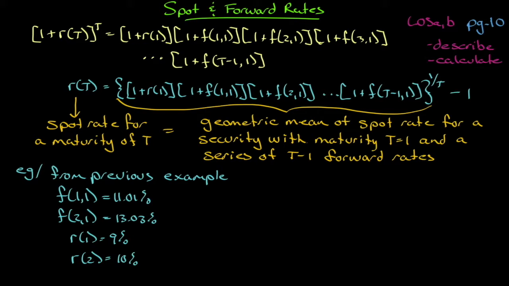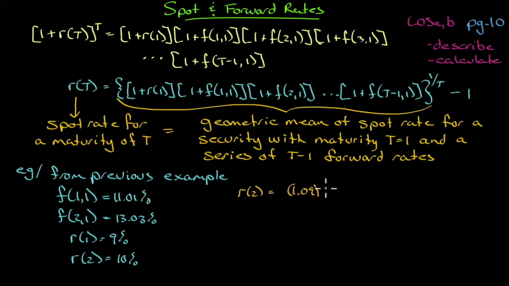So as we've done throughout, things look better with an example. We have R1 and R2. We have two spot rates here and we have some forward rates. Let's see if we can derive R2 by using this particular formula. So what we're saying for R2 is that it should equal 1 plus R1. R1 is 9, 1.09, multiplied by the next forward rate, F11.